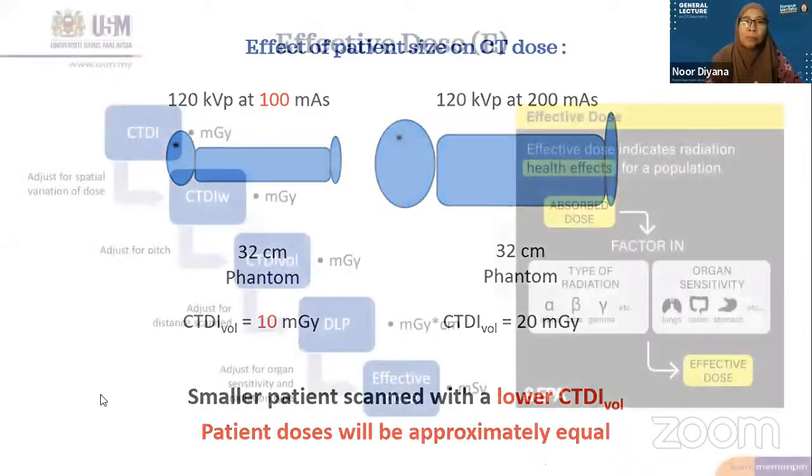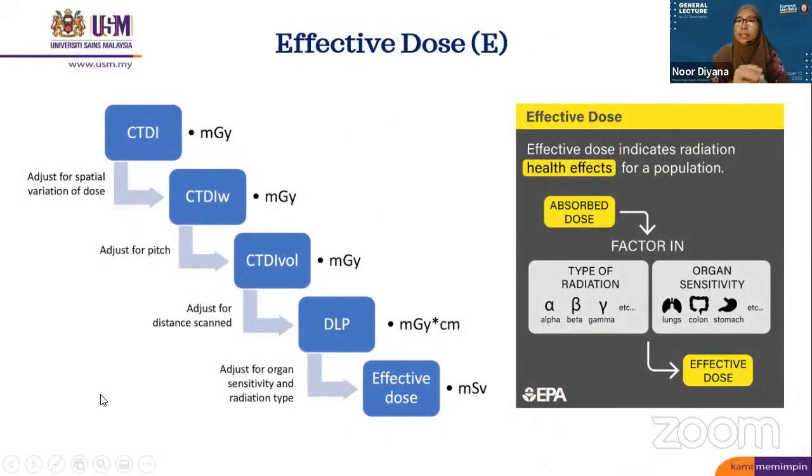Okay. All right. So that's all the parameters, but there are other parameters which also affect your CT dose, but I'm not covering them in this lecture. But we also have slice thickness.